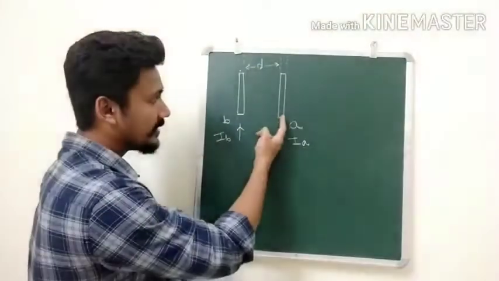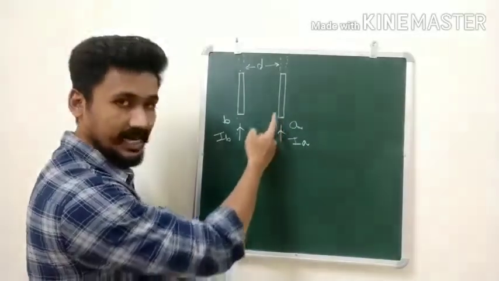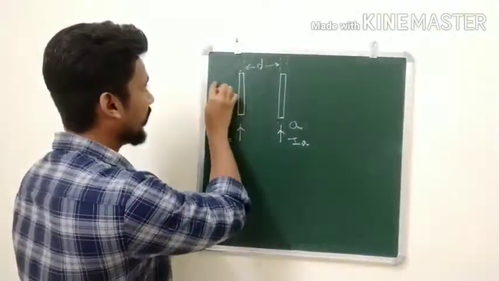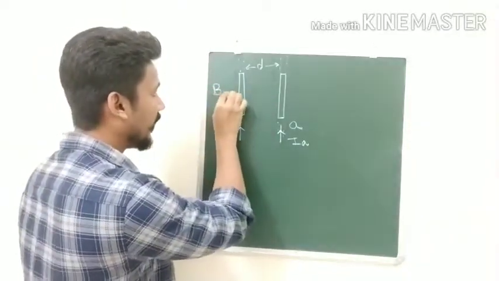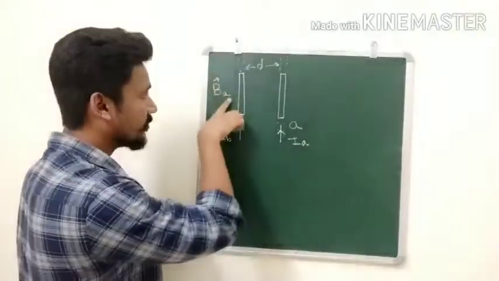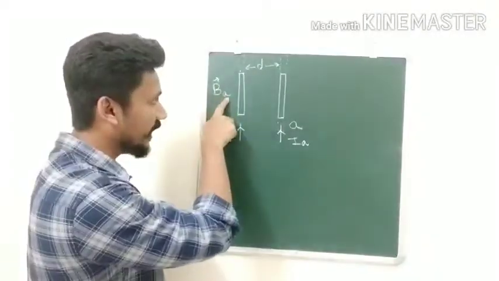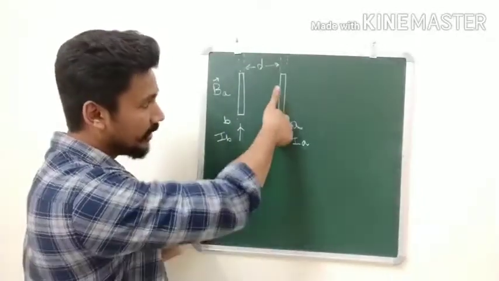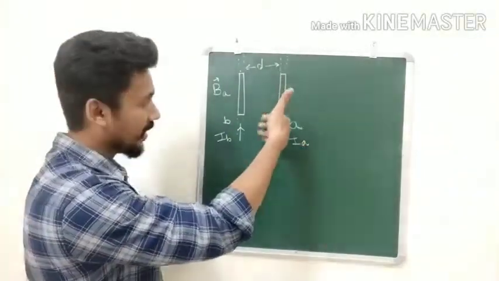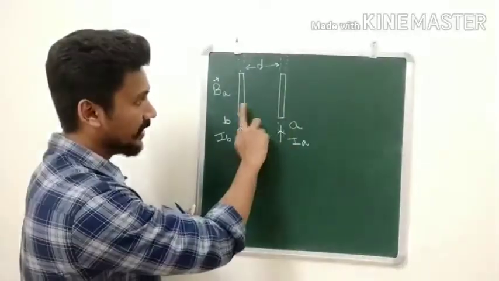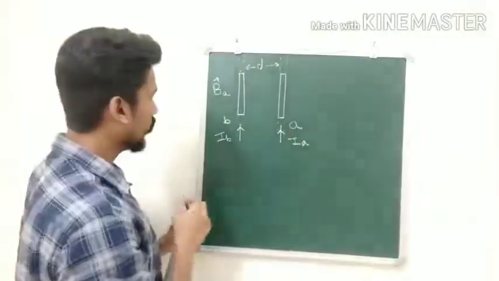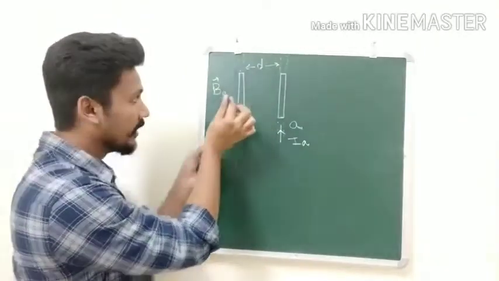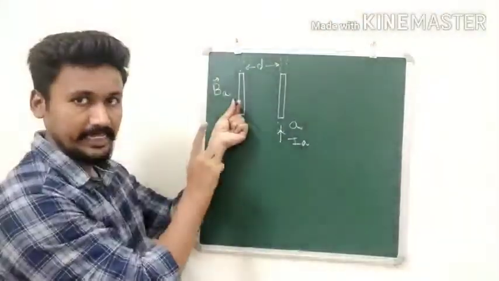Now, let us say because of the current going in conductor A, there is a magnetic field at B, and let us call that magnetic field capital BA. We give it a subscript A to show that this field BA has been created by conductor A. Because the current is going like this, by the right hand rule I can find that the magnetic field on this side is going to be outwards.